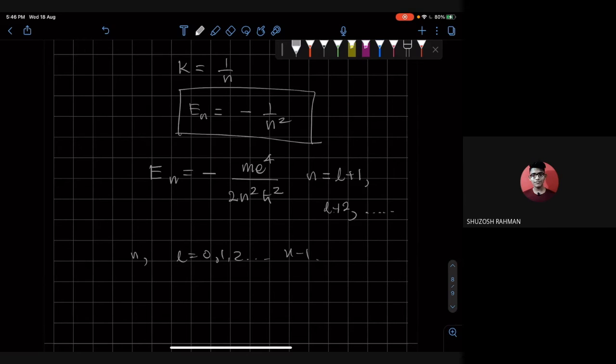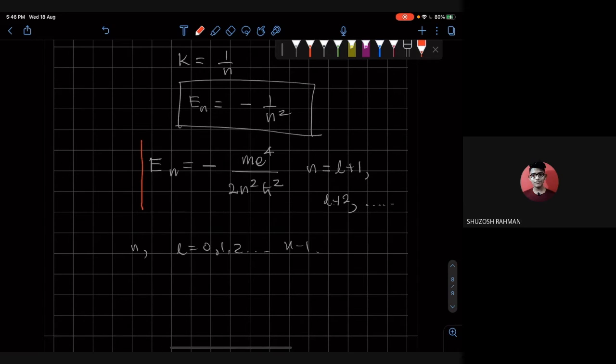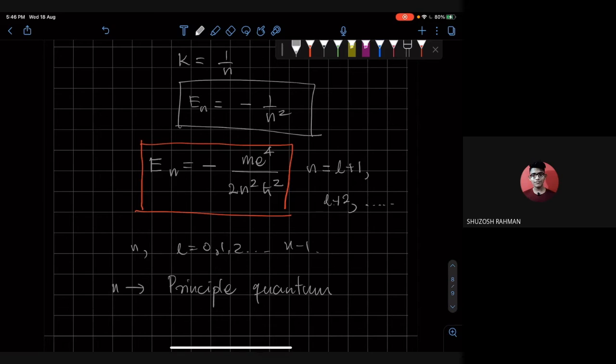So this is the important equation. n is called the principal quantum number, because it determines the energy.